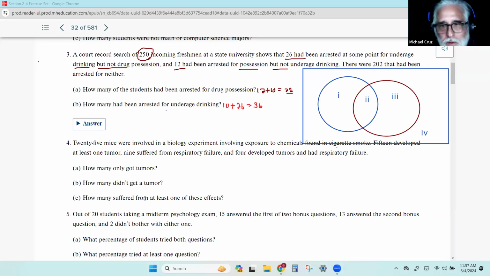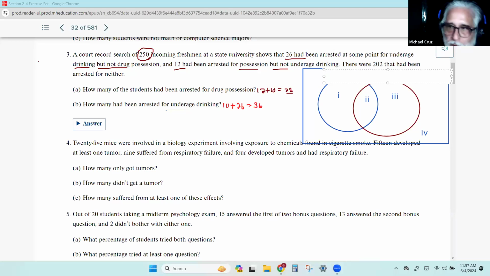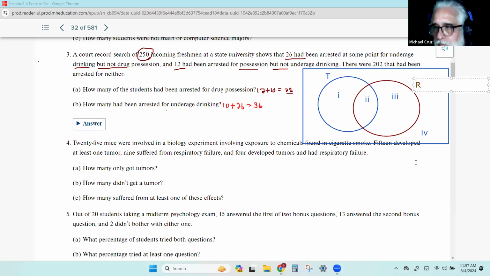All right. So we'll just label these as such. Let's see. So this would be a T for tumor. And over here, we'll just put R for respiratory.